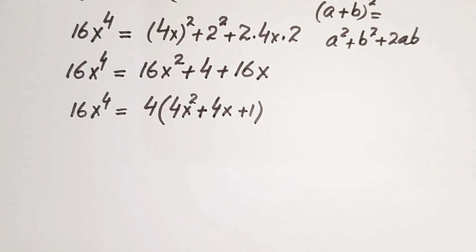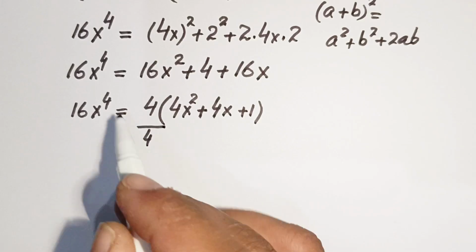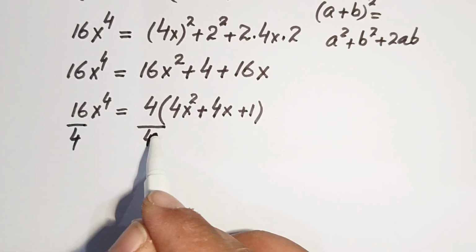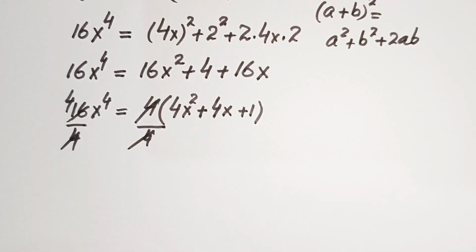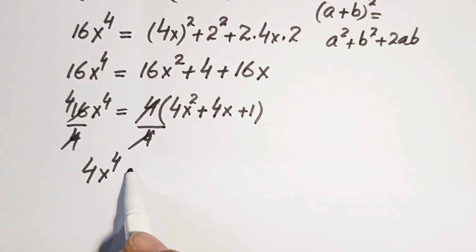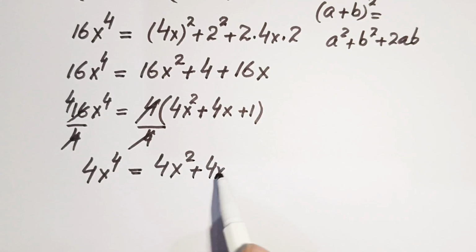Now dividing both sides by 4, cancelling 4 with 4, and 4 fours are 16, so we have 4x to the power 4 is equal to 4x squared plus 4 times x plus 1.